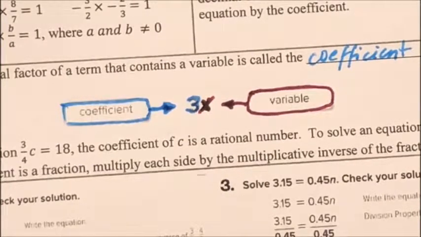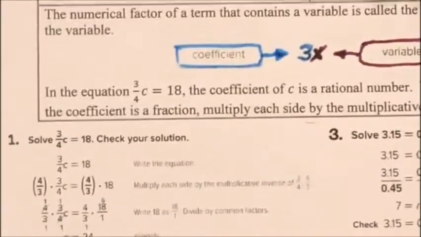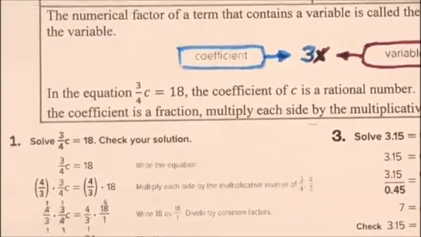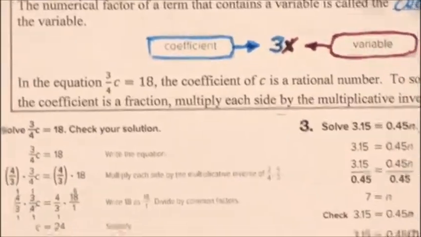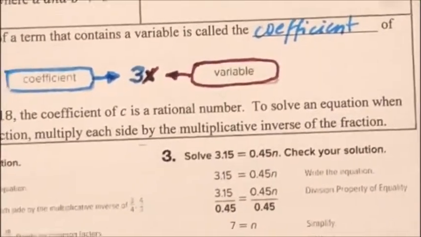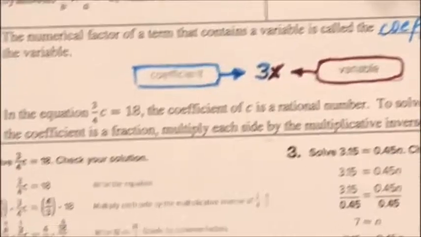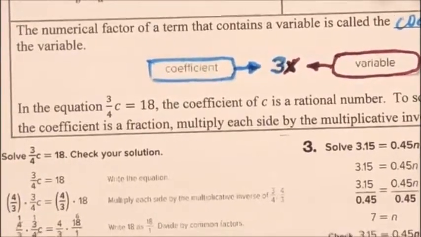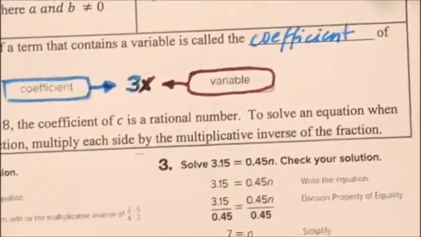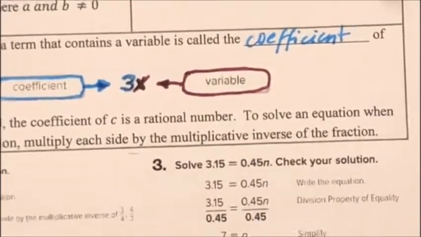Okay, coefficients only work if they're attached to the variable. So they're multiplied or divided by the variable. So in the equation, 3/4 C equals 18, the coefficient of C is a rational number. To solve an equation when the coefficient is a fraction, I multiply each side by the multiplicative inverse of the fraction.